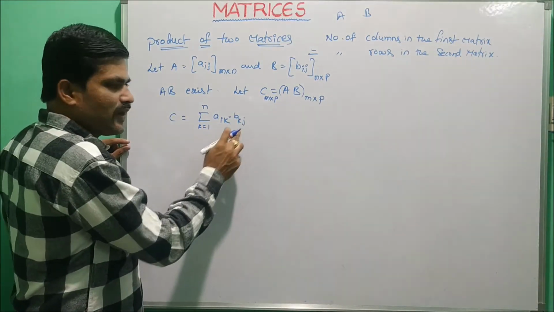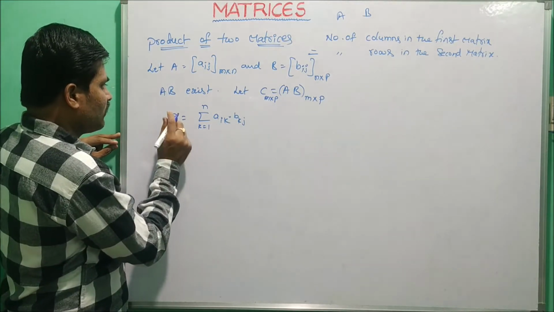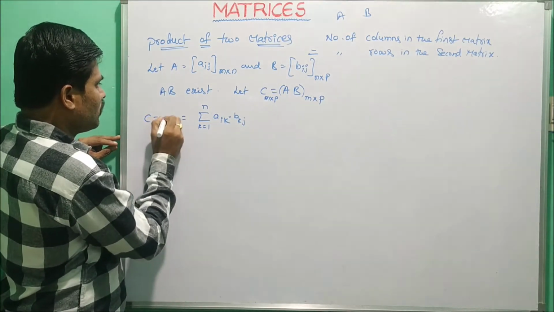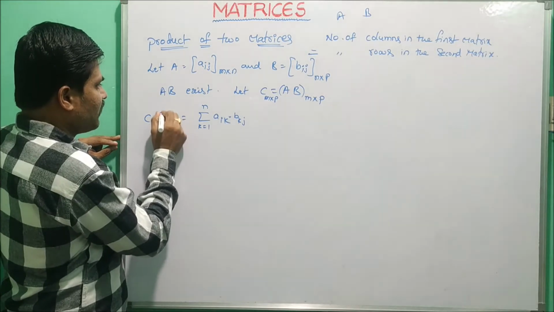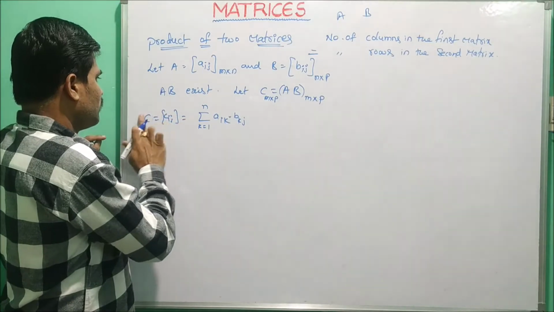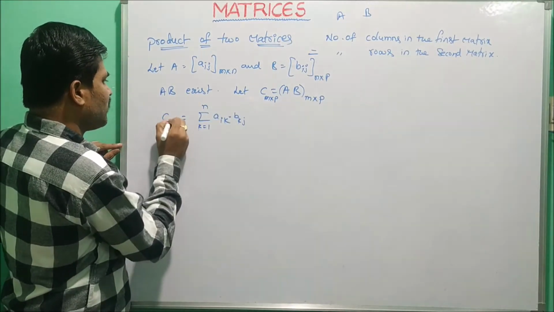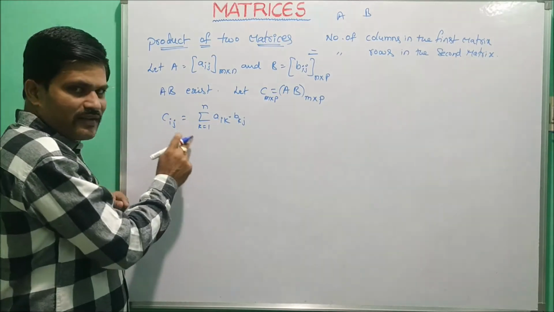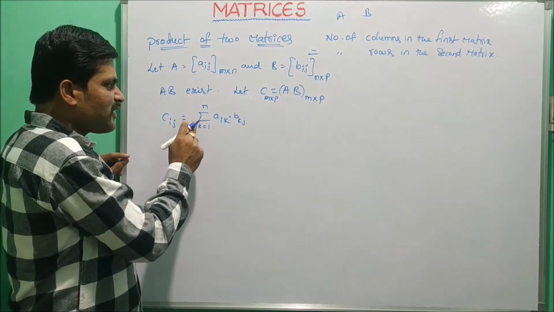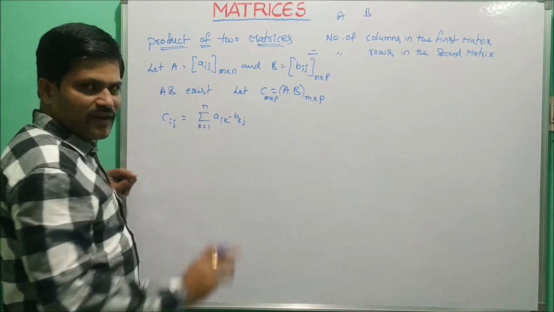So Aik Bkj. The element in the matrix C is Cij. So Cij can be written as the summation, k equals 1 to n, of Aik into Bkj.